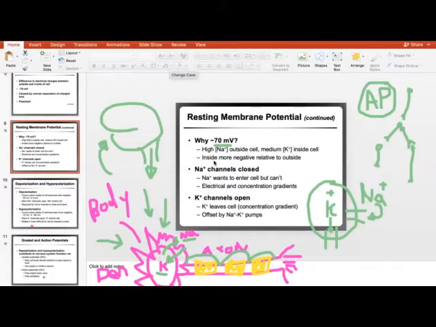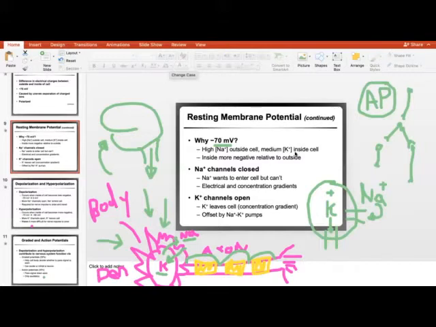Another way of saying it is that the outside is more positive than the inside. But we're talking about the inside of the cell, not the outside. So with respect to the outside of the cell, the inside is more negative. It's more negative because of the concentration of sodium outside and potassium inside.